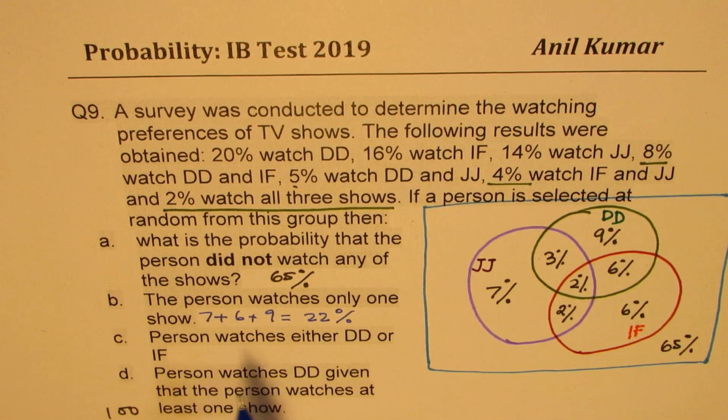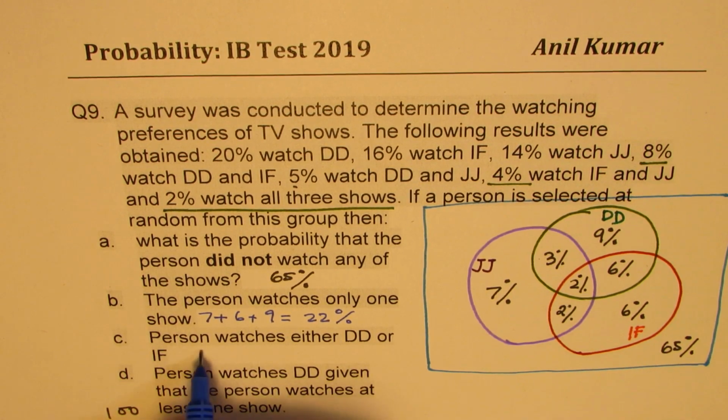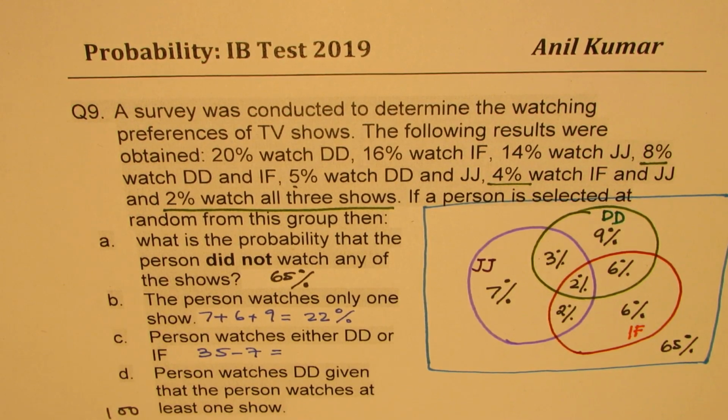Now, person watches either DD or IF. So DD or IF. So the whole group excluding 7%, right? So this is 35 minus 7. Correct? So that is how you get this group, which is 28%. Is that clear?